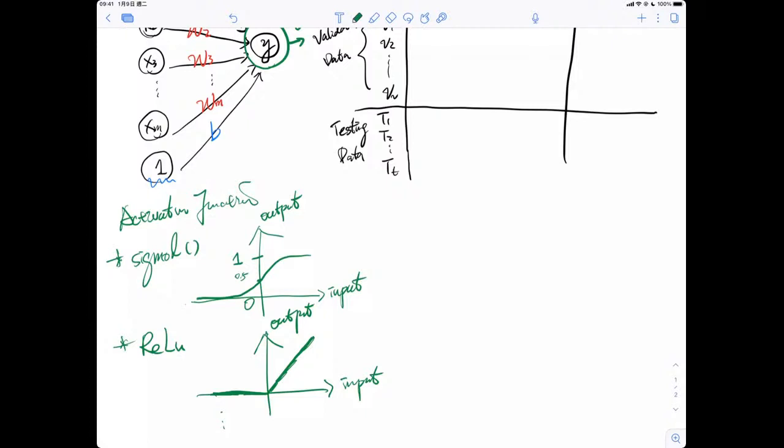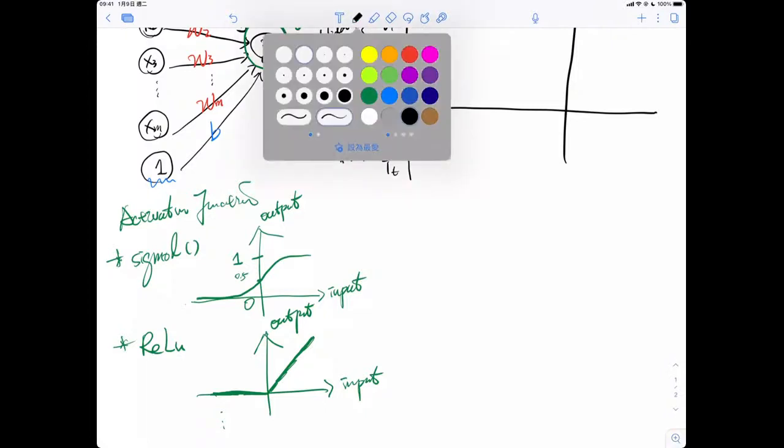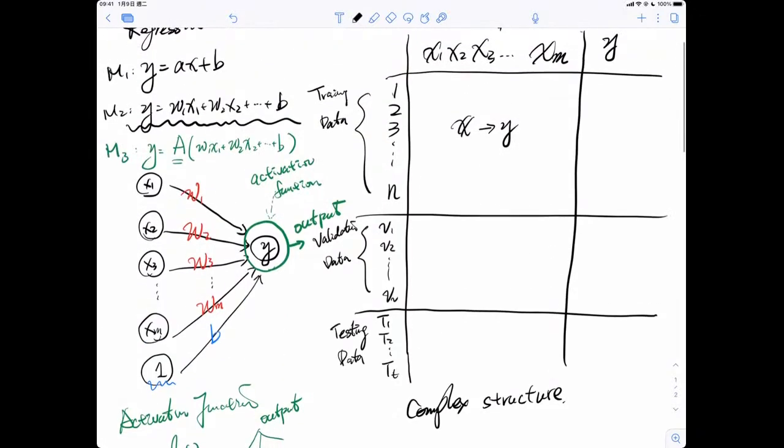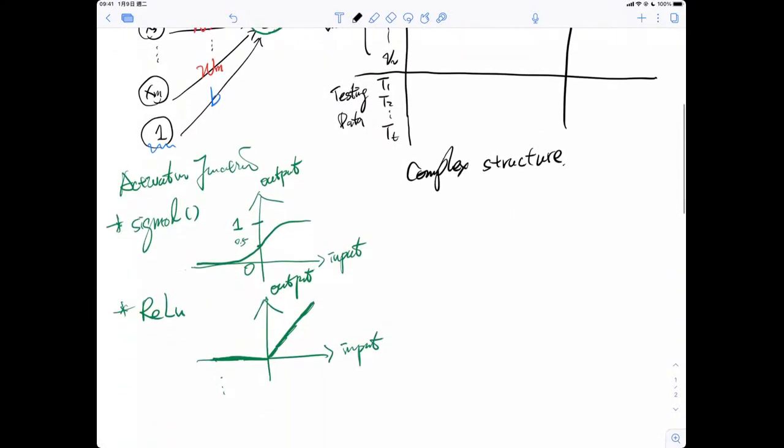So the next topic we'd like to discuss is the complex structure. As we can see, M2 or M3, we can draw this figure, X1 and Y. But usually, when we design a neural network model, we do it this way.